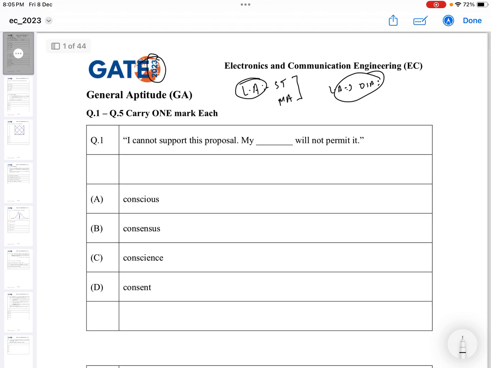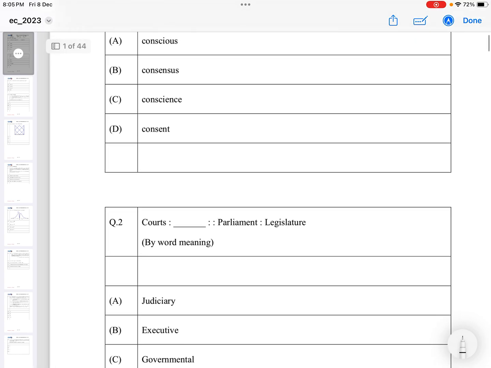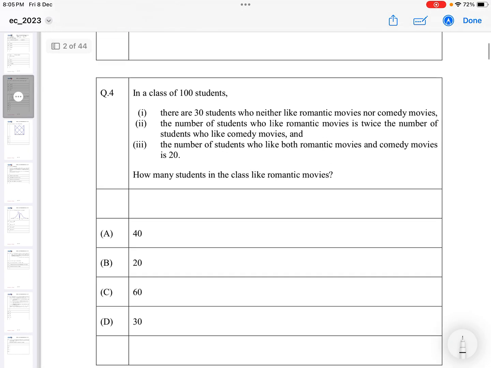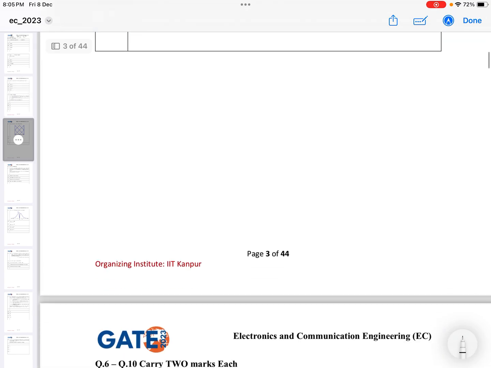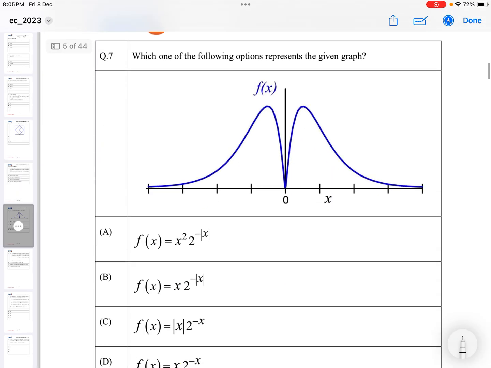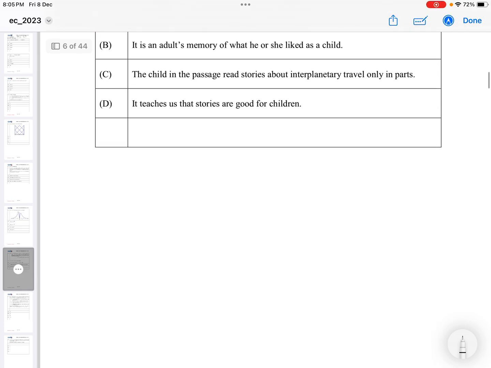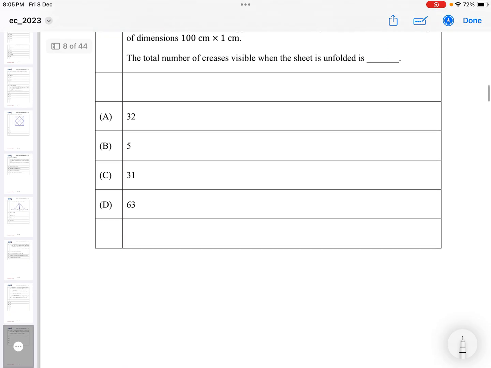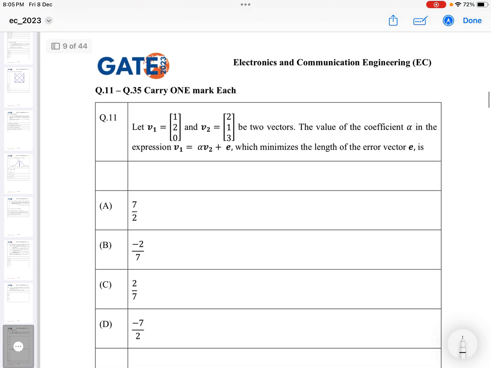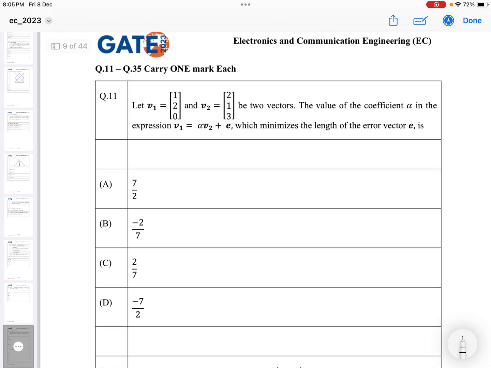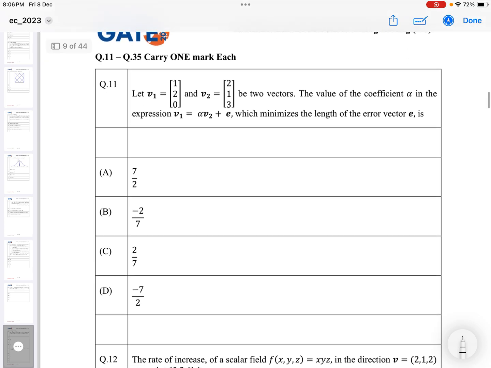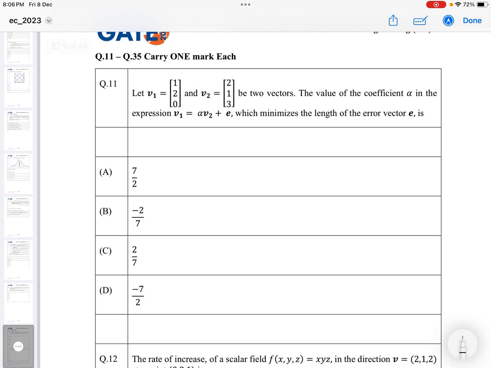Okay, so let's jump directly onto the question, and we will see how many questions we have here in electronics and communication. So the first question is question number 11. We have given these v1 and v2, two vectors, right?